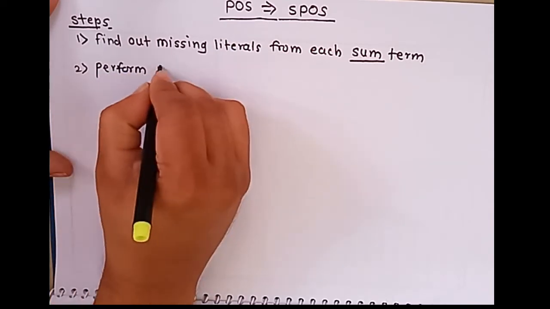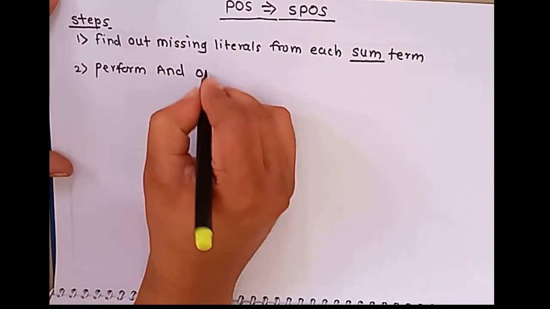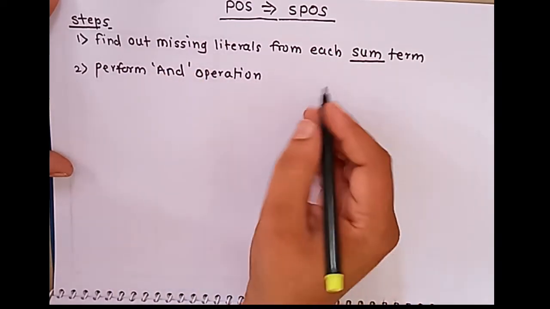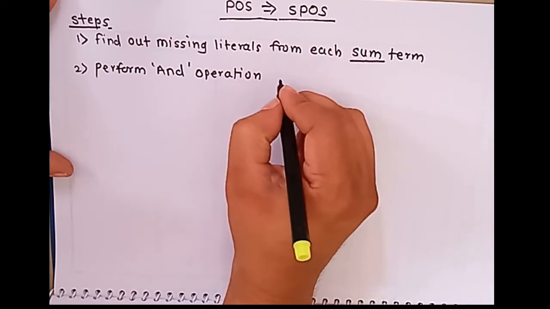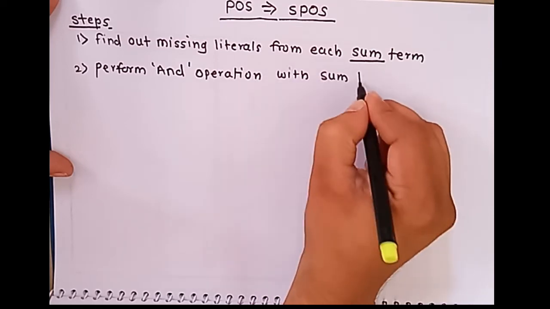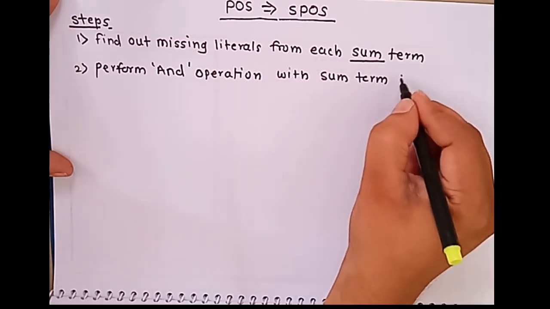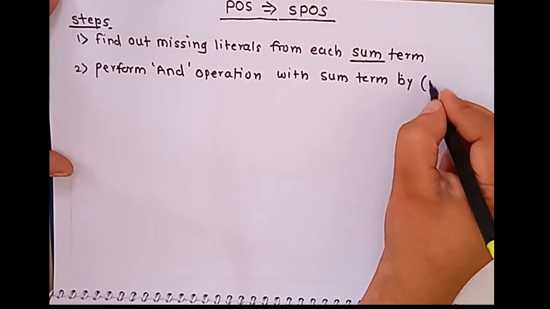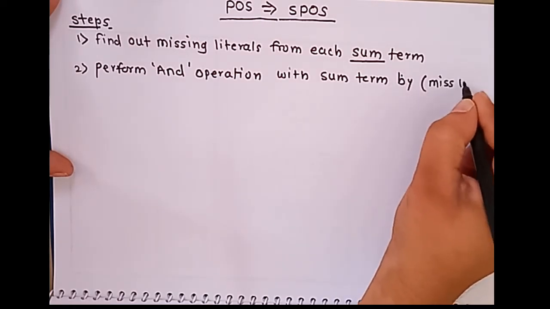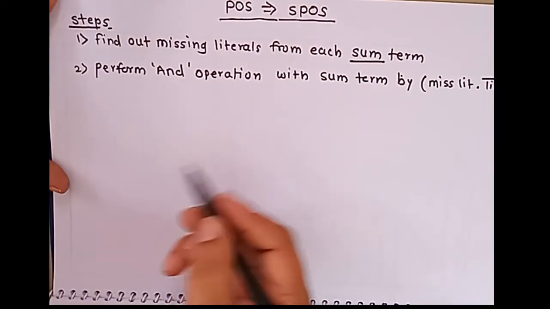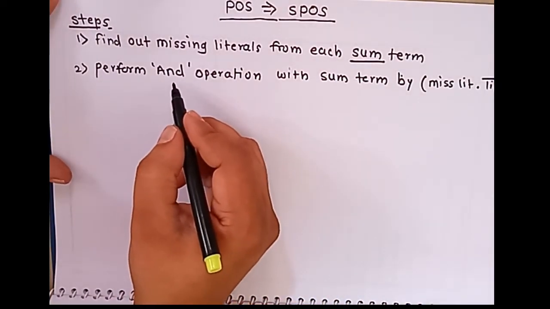Then perform AND operation. Okay, perform what? AND operation with sum terms by missing literal into its complement. Okay, now here what we have to do? We have to perform AND operation. AND operation means what?